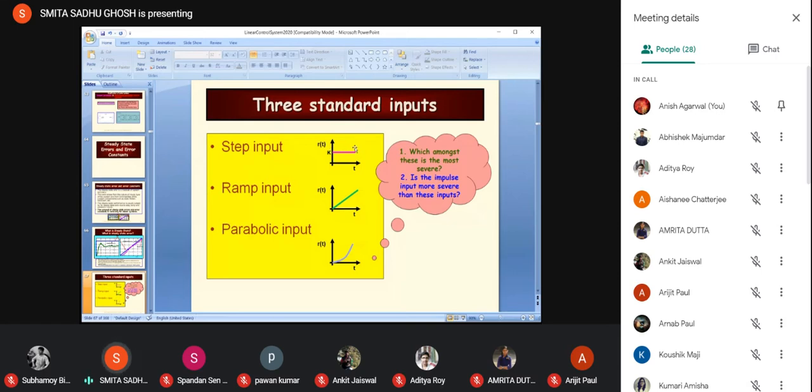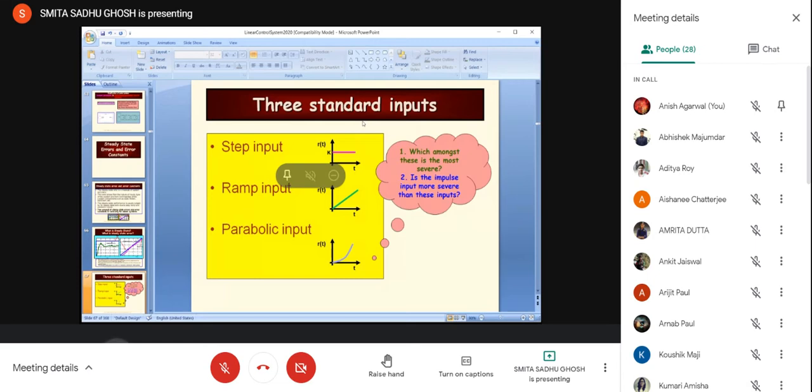If you agree with what I said, that is the reason why a step input is often preferred over a ramp input, or for that matter a parabolic input, if you want to see the worst possible response from the system. That is why you would see, even in your signals and systems, and in this course as well as in other courses on control later on, such as process instrumentation and control, that for most systems you would be looking at the step responses.